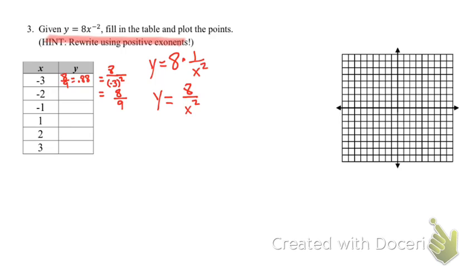So our first point is -3, comma 0.88. That's about right here.